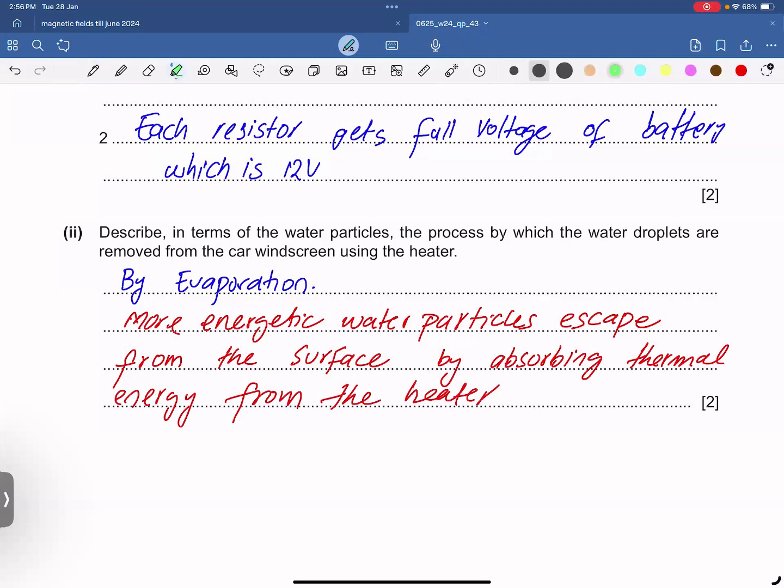The heater they already specified in the question, so I gave the reference. Let's proceed to the next question.